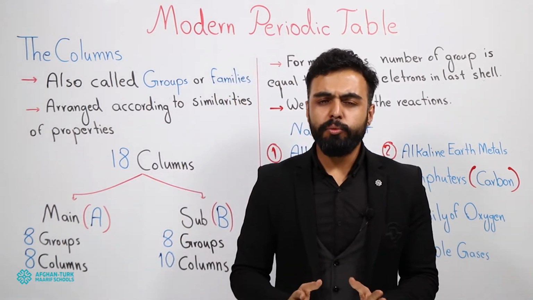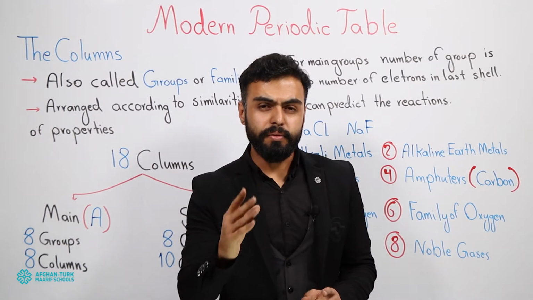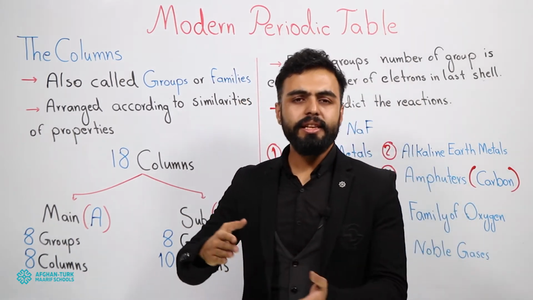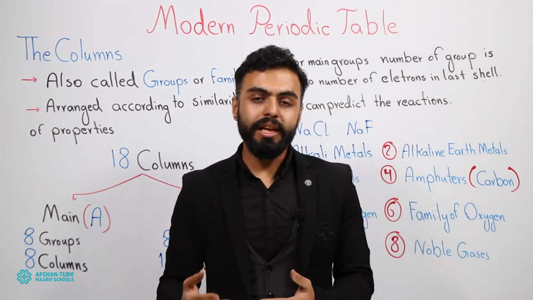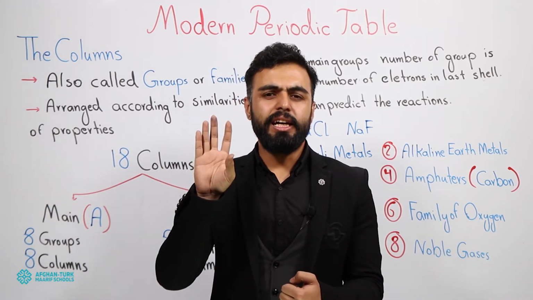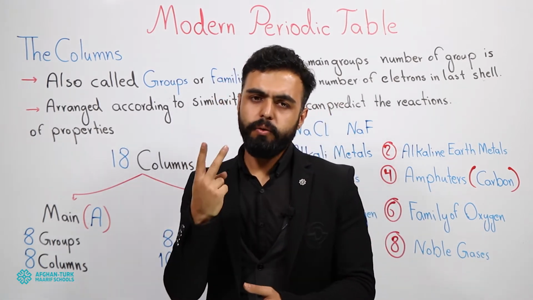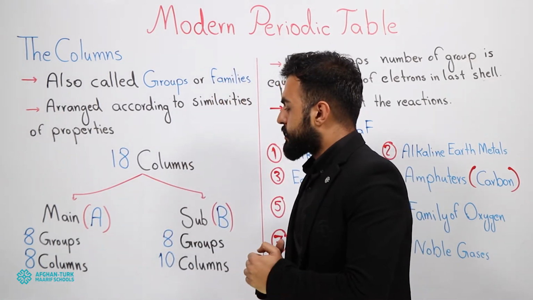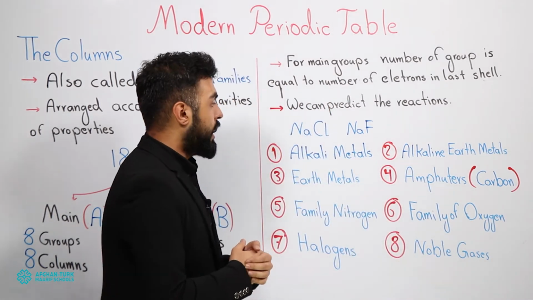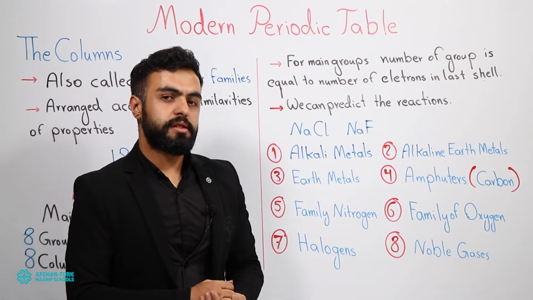In the second group, all the elements have 2 electrons. And the 8th group, which are the noble gases, all the elements have 8 electrons, except the first one, helium, which has only 2 electrons. So then we can predict the reactions.